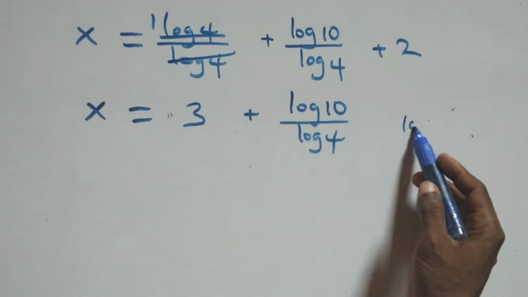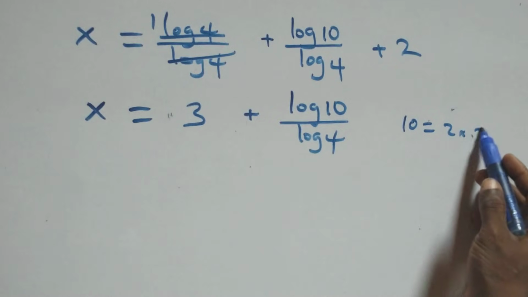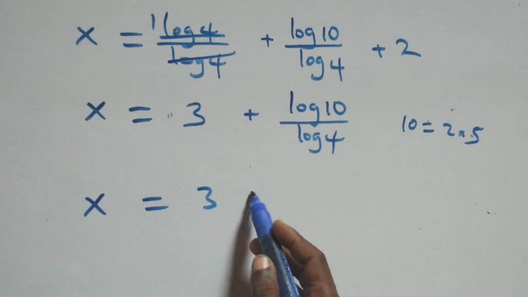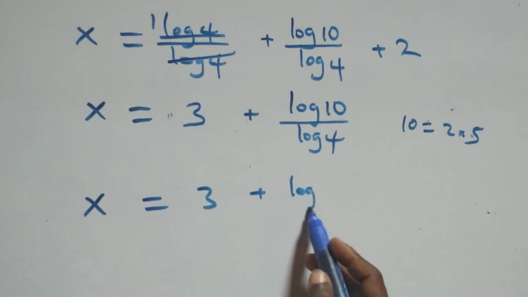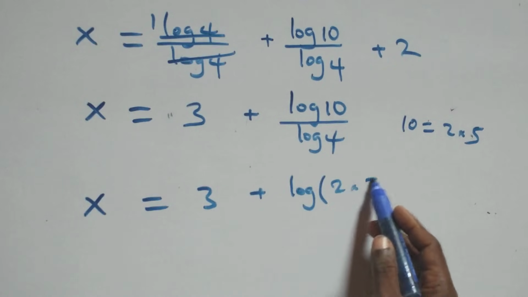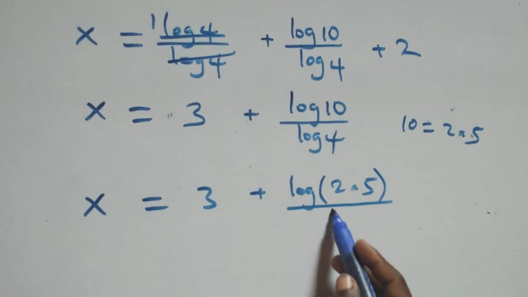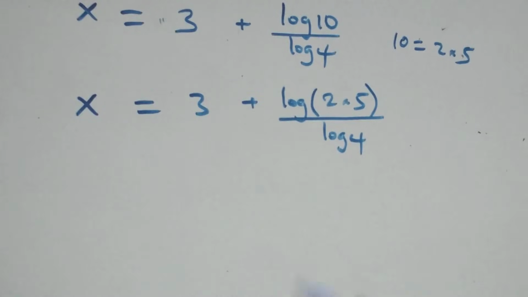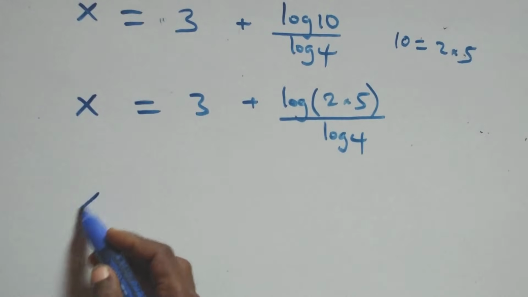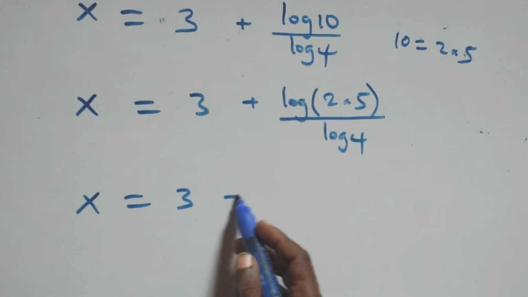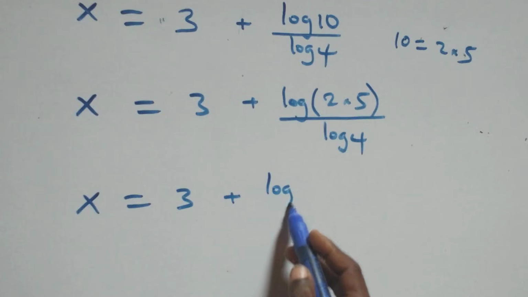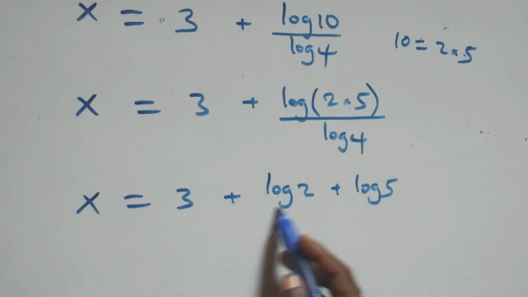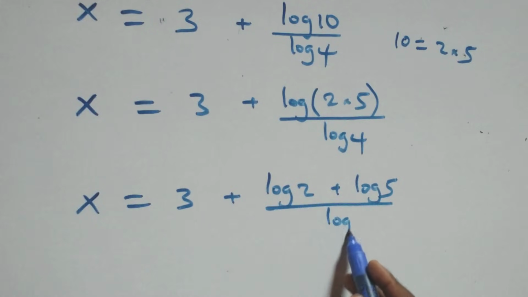Then also 10 can be expressed as 2 times 5, which implies we have x equals 3 plus log 2 times 5 over log 4. Then we apply the law of logarithm as well, and we have x equals 3 plus log 2 plus log 5 over log 4.